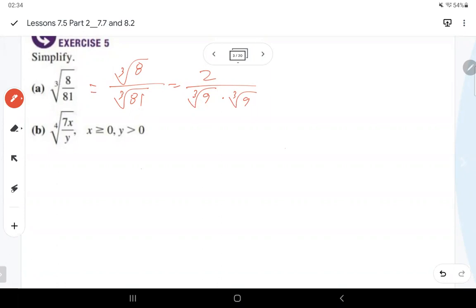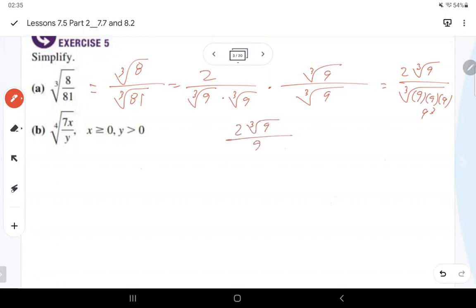But here's the cool thing. If we multiply top and bottom by the cubed root of 9 again, then what we end up getting is 2 cubed root of 9, which doesn't simplify at all. But then we would have the cubed root of 9 times 9 times 9, or 9 cubed. So the cubes cancel, and we end up with 2 cubed root of 9 over 9. And that's why we did that.